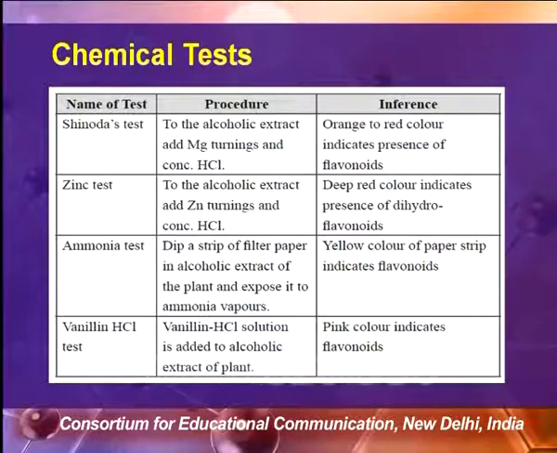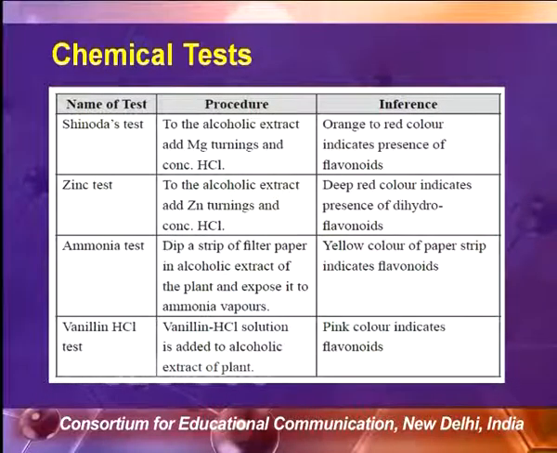In this test, the alcoholic extract of the plant is mixed with magnesium turnings or magnesium ribbon, and to this mixture concentrated hydrochloric acid is added, and if flavonoids are present, the color of the solution will change to a range of orange to red, and if orange to red color is obtained, that will indicate the presence of flavonoids.